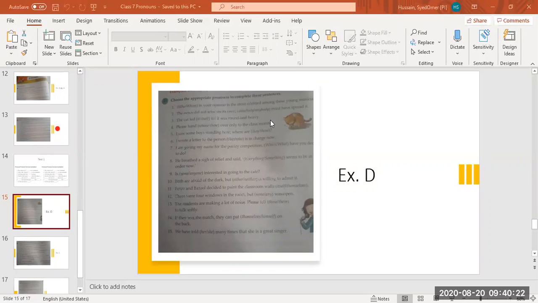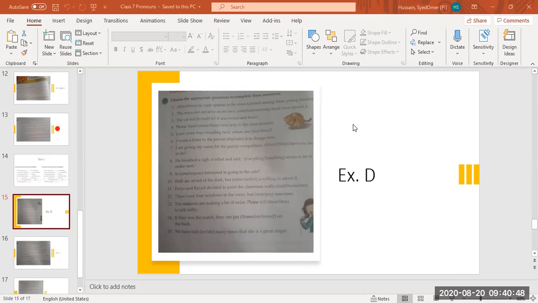Number three: The cat fed itself till it was round and heavy. Itself. Very good. Number four: Please hand these over only to the class monitor. These. Very good, Khatija. Okay, next.